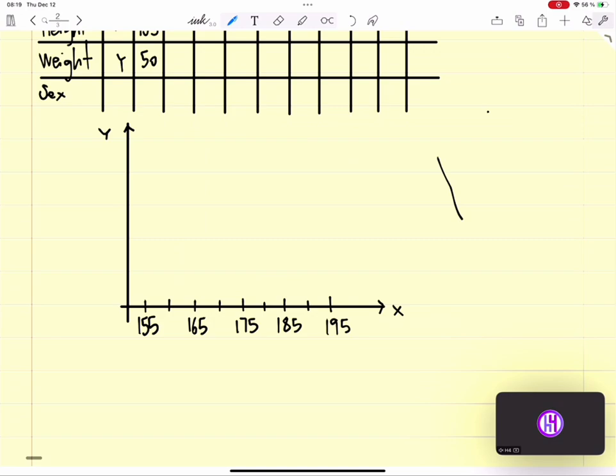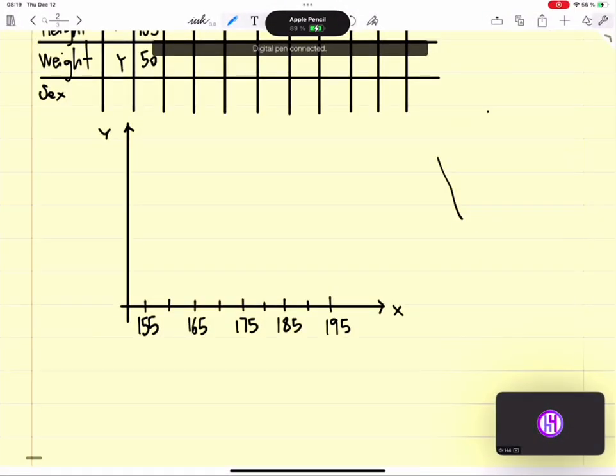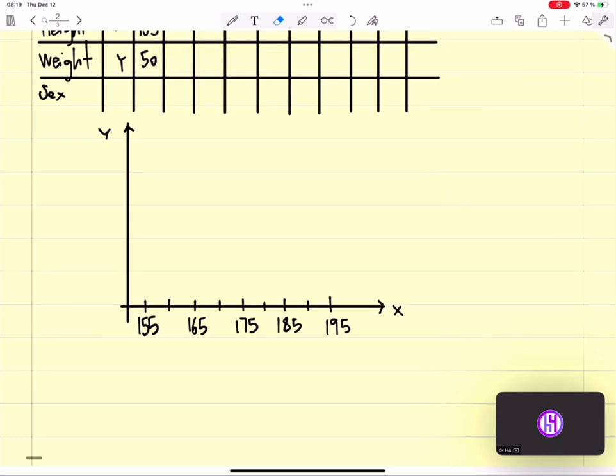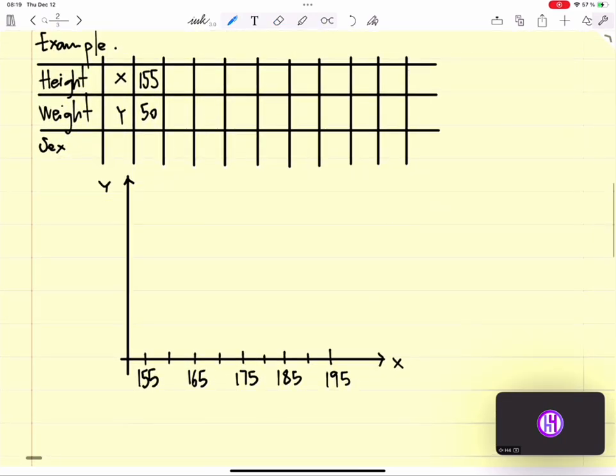I was setting up the axis here, so I guess nothing was lost. 50, 60, 70, 80, and 90 kilo.